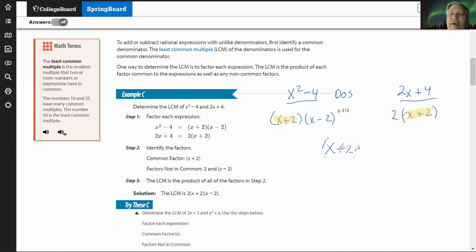And then I'm going to write down everything that's left over. So we have a 2 left over, and we have an x minus 2 left over. So this right here, that's going to be our least common multiple, our lowest common multiple.